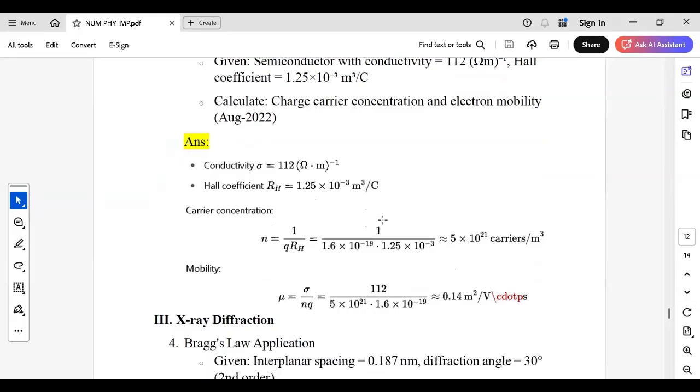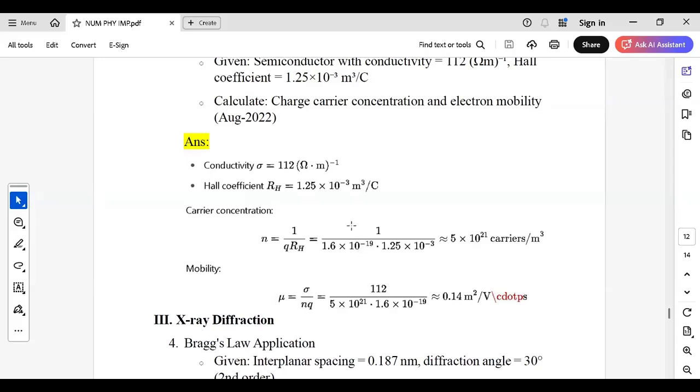You know that RH is equal to 1 by Qn. So now you're going to shift N here and RH here, so N is equal to 1 by QRH. What is Q?